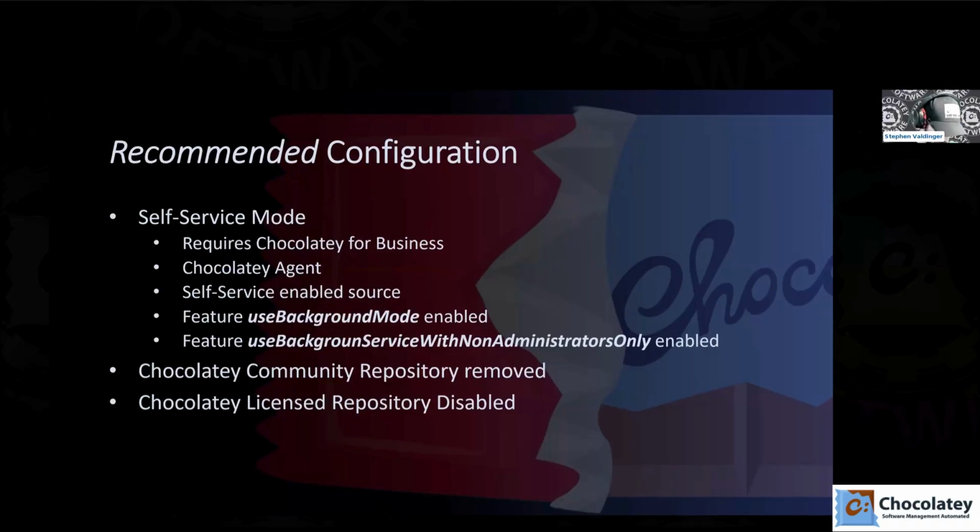But Chocolatey should be configured with the sources that you maintain, manage, and are in control of. You should not have the Chocolatey community repository itself enabled on your endpoint, nor should you have the Chocolatey license repository enabled on your endpoints.